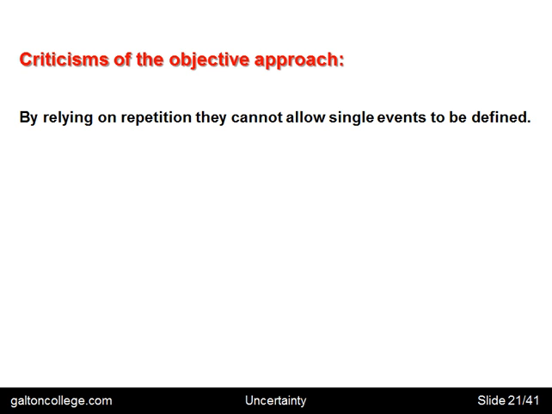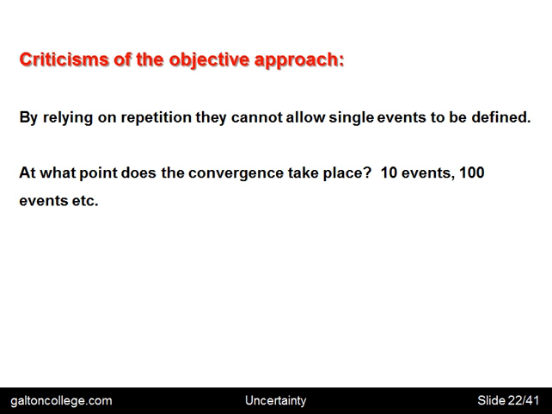Objective probability relies on knowing the probability distribution, which will be worked out by performing the same experiment over and over, tossing the coin over and over again to find out what the probability is. But a single event, it doesn't work. At what point, as I said earlier, does the probability converge?